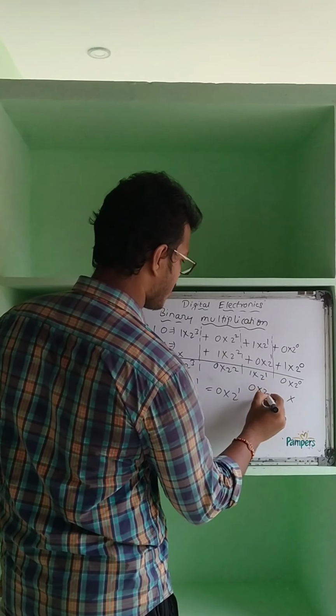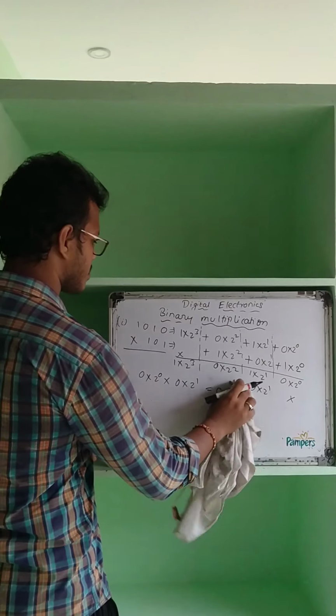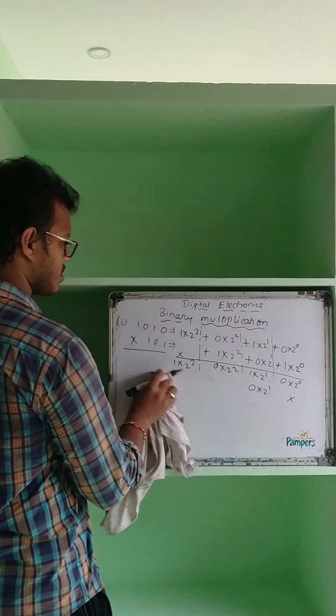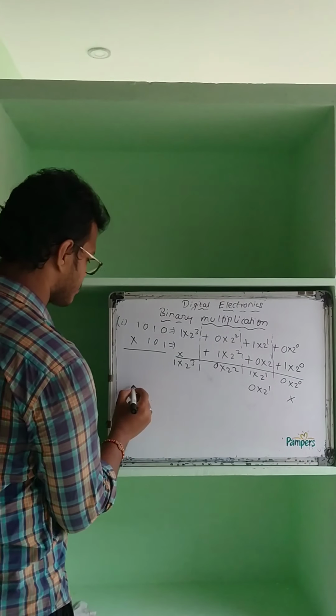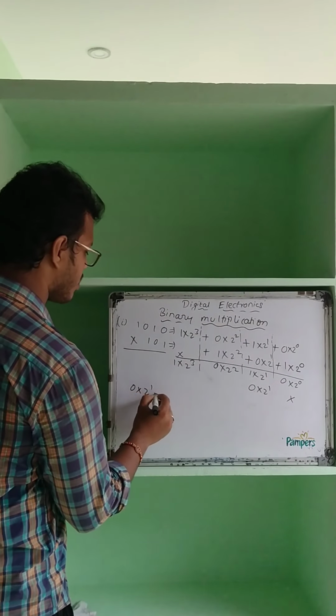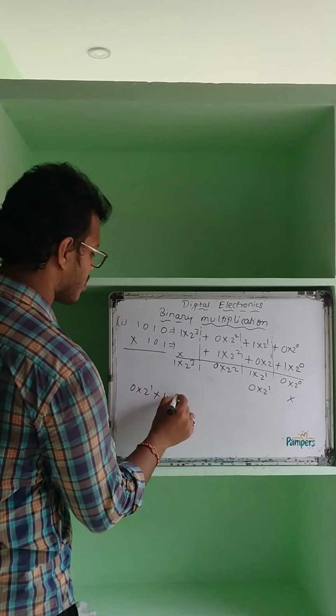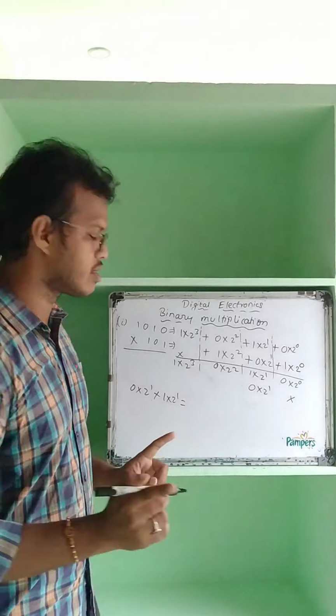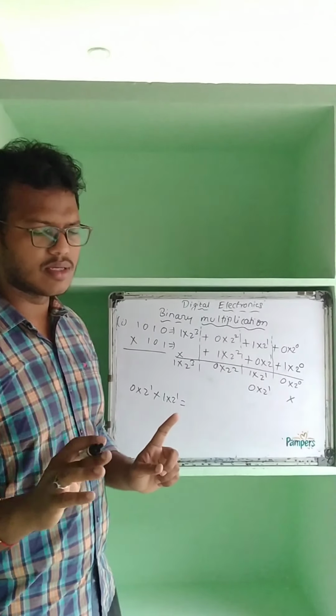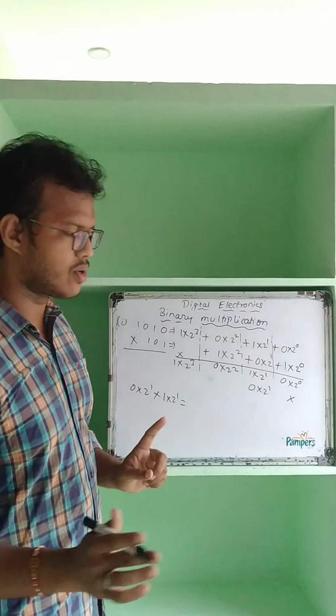Again, 0 into 2 power of 1 is multiplied by 1 into 2 power of 1, which is 0 into 1, sorry, 0 into 1 is 0.